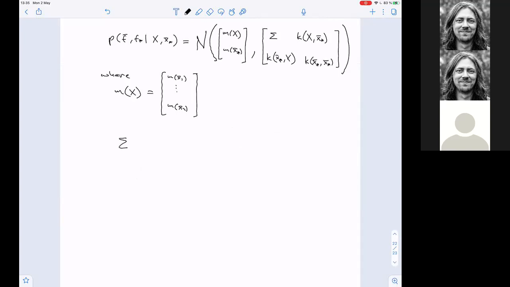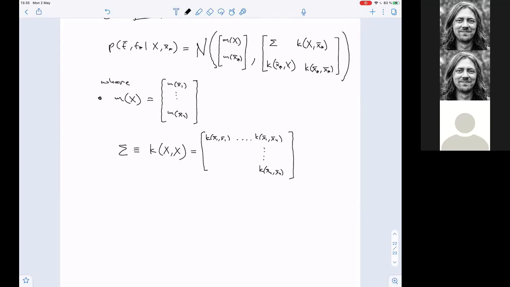And sigma is the covariance function taking as inputs the matrix of all input components in the training data. So this will be K at X1, X1, and so on, up to K X1, Xm. Down here, we'll find K Xm, Xm. And this is symmetric, of course.